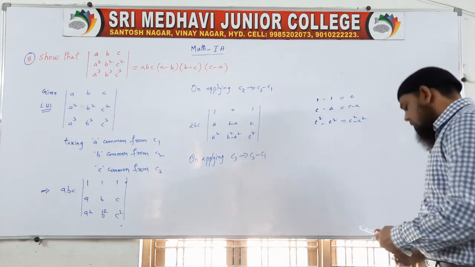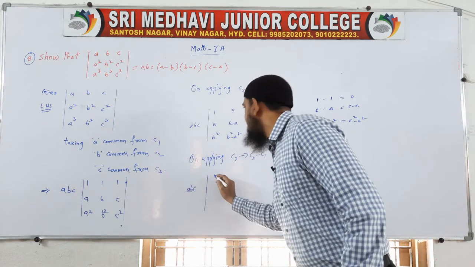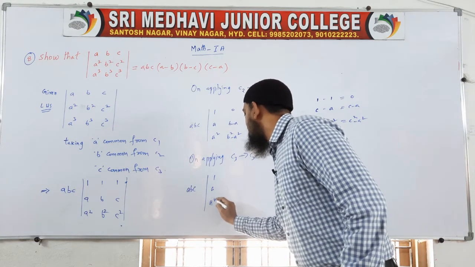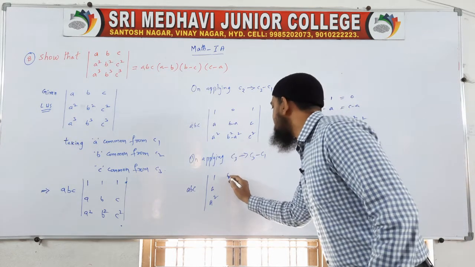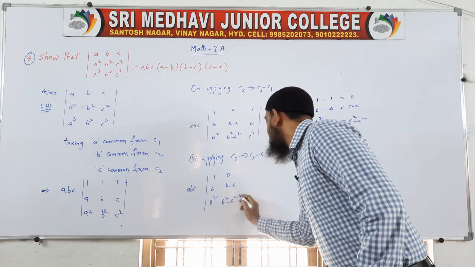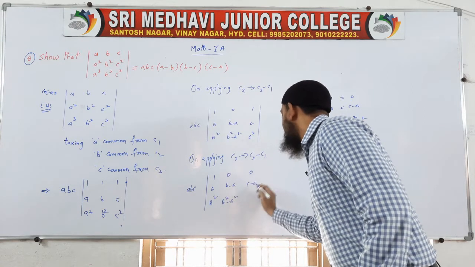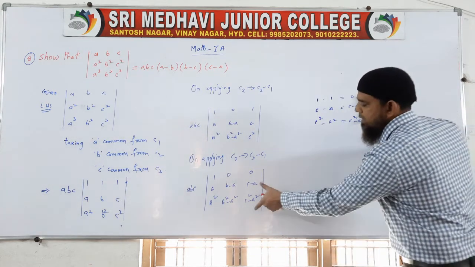In place of C3. So see on the board, determinant a, b, c, 1, a, a square. Now which one is changed here? Only C3. So C1, C2 are actually 0, b minus a, b square minus a square, then 0, c minus a, c square minus a square. These three I am writing in place of C3.